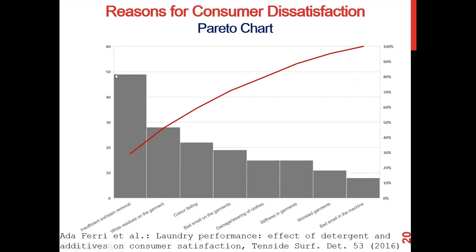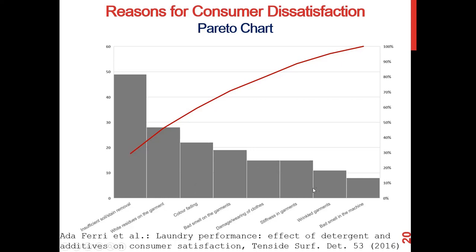So 49 people claimed that they are unhappy because of insufficient soil or stain removal. Then 28 people claimed that they are unhappy because there are white residues on their garment. Around 22 people claimed that they are unhappy because of color fading, etc.